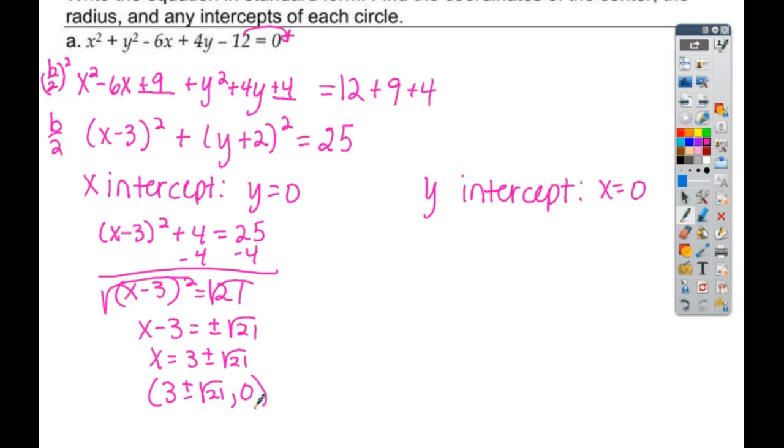So to find the y-intercept this time, I'm going to make x equals 0. So if I make x equals 0, what do I get over here? Negative 3 squared, which is 9. Subtract the 9.